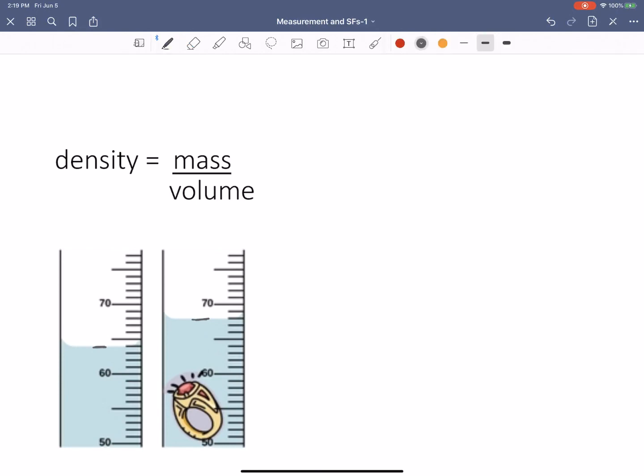So let's do that. The volume before, it's between 64 and 65, or is it on the line? I would say it's on the line. So I'm going to say it's 64.0.